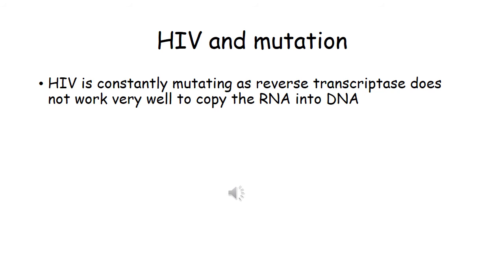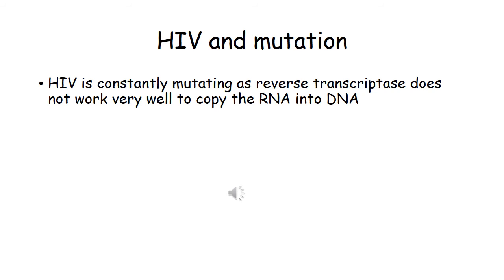So mutations are often made in this copying process. Therefore, when the DNA that integrates into the host cell's DNA is then transcribed into RNA again, the RNA will be different from the original RNA.